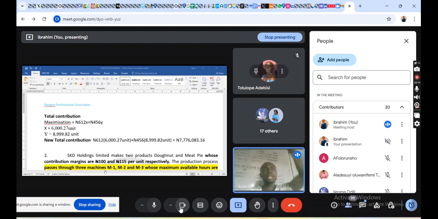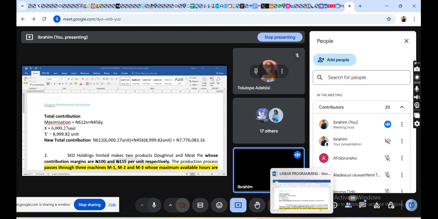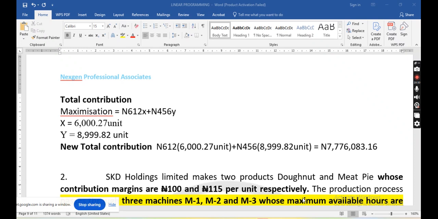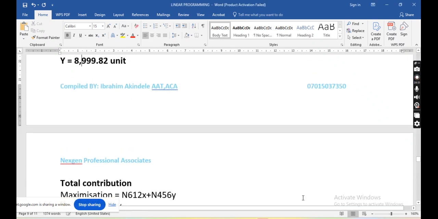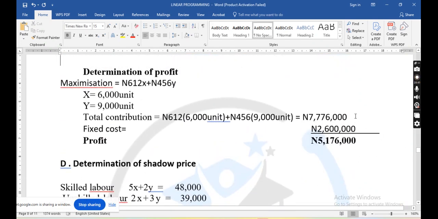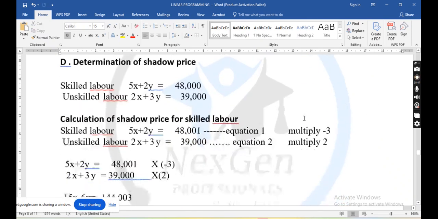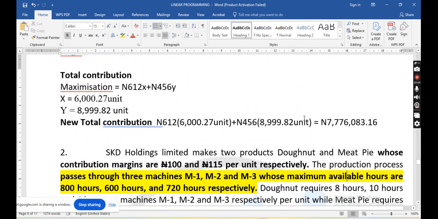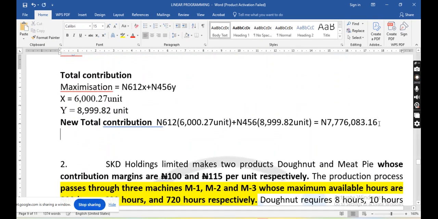So when you increase the skilled labor by 1, you go back and do the one for what? Skilled labor, for you to get the dual prices for each of the constraints. Now, we go back and check. What is the old contribution? We quickly go back and check. So this is the old contribution.